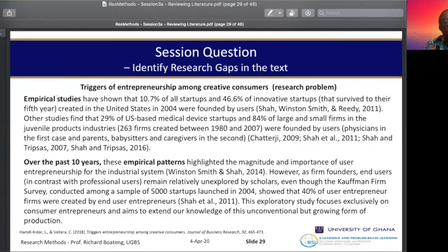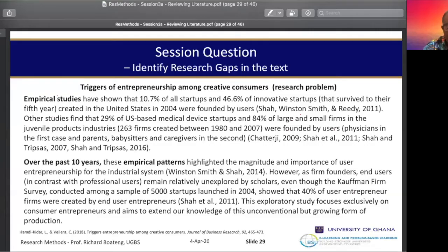Okay, so what else was I trying to say? I was trying to emphasize here that this particular introduction emphasizes that there is a phenomenon which is growing, and that phenomenon is that user entrepreneurship is becoming an unconventional means of production, and there are statistics to prove that it's becoming something that researchers globally should start giving attention to, because there are quite a number of users who are starting their firms.